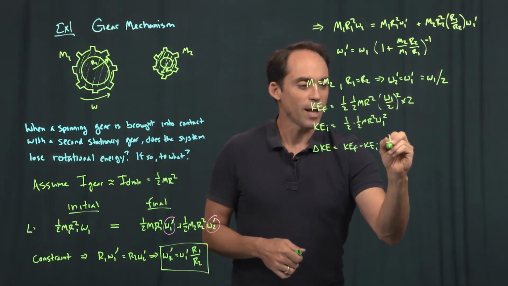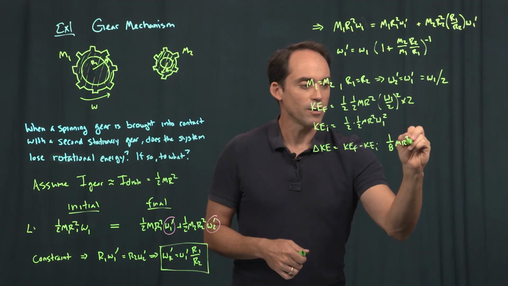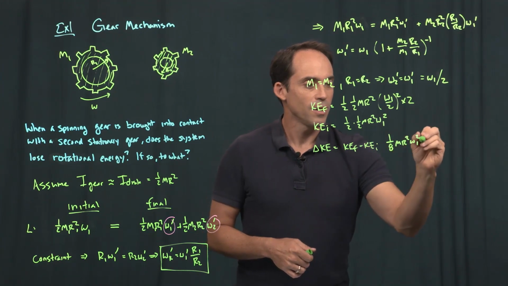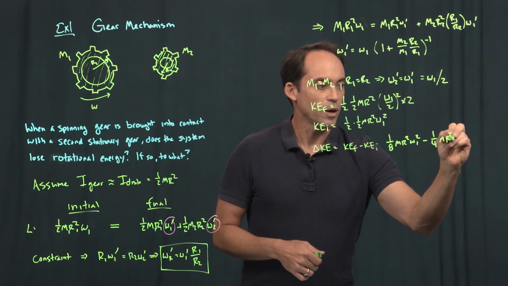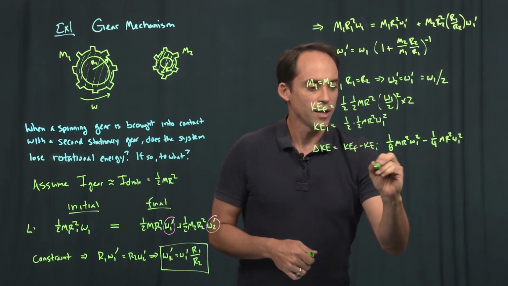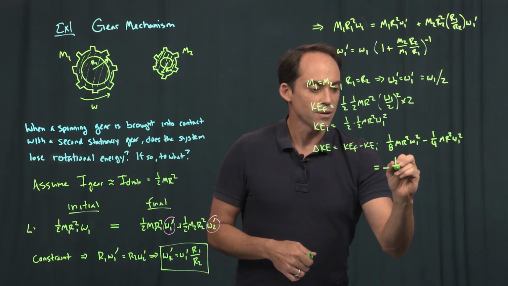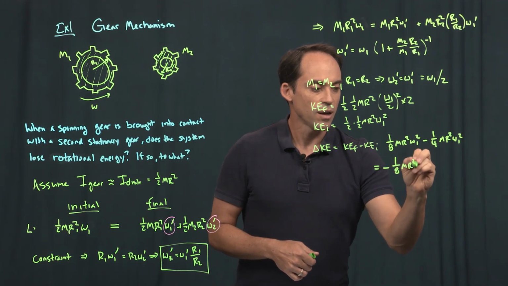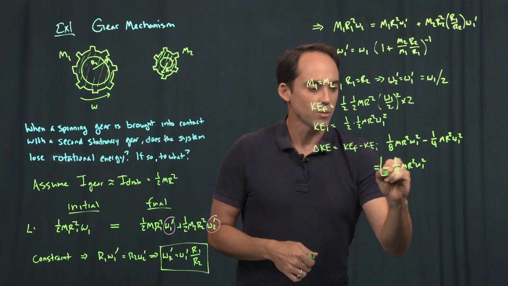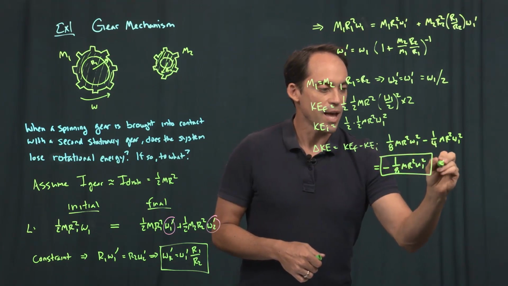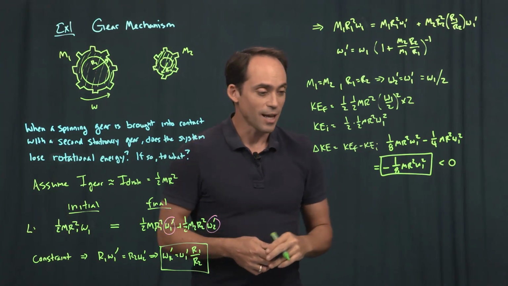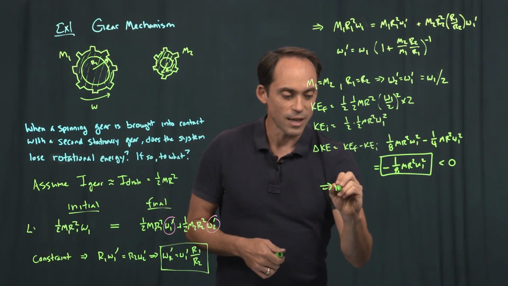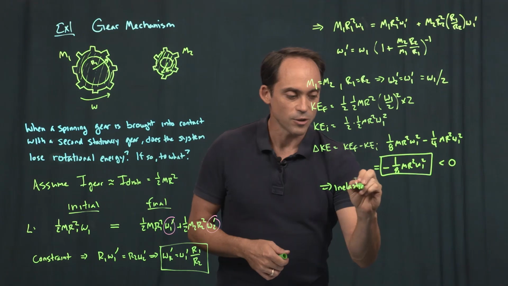So we've got 1/8 mr squared omega 1 squared minus 1/4 mr squared omega 1 squared. And this is equal to minus 1/8 mr squared omega 1 squared. And that is less than 0. So we did lose kinetic energy, so this is an inelastic collision.